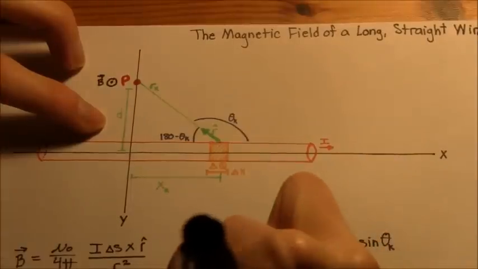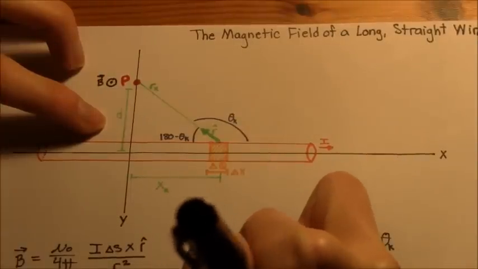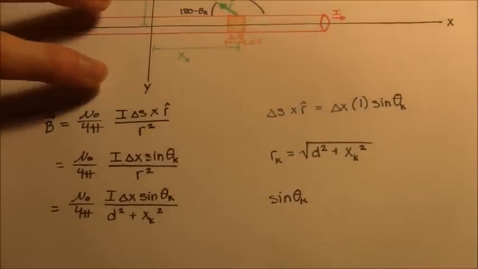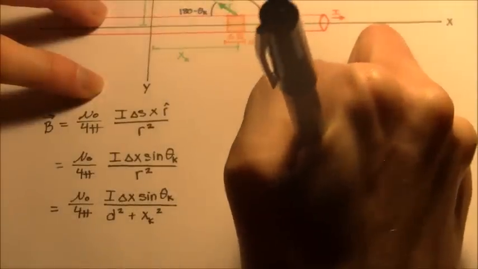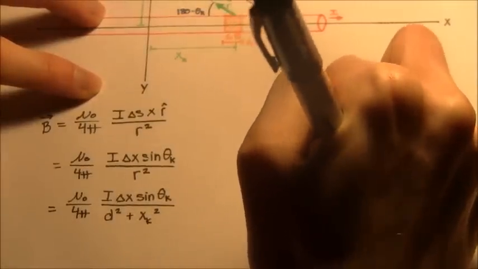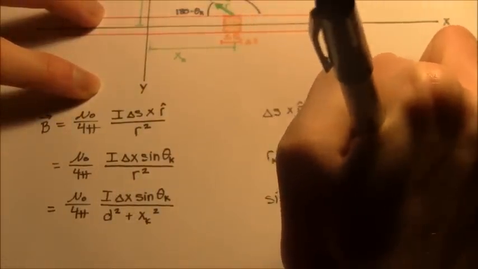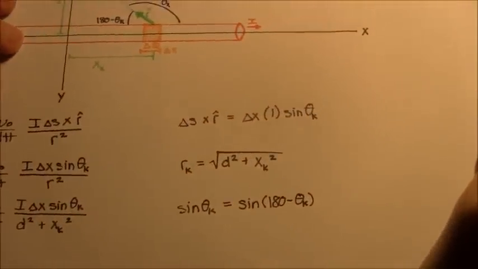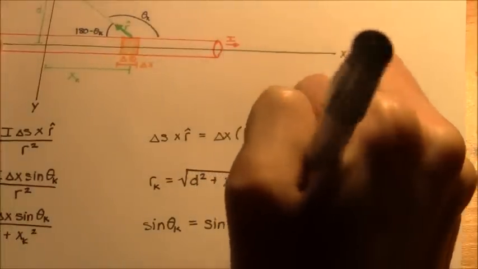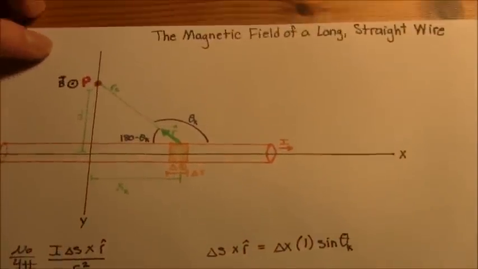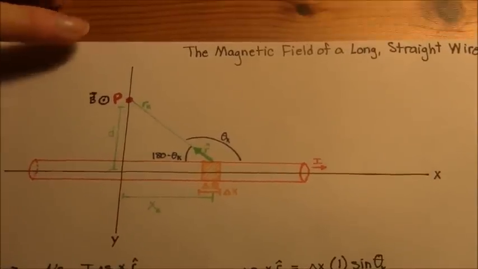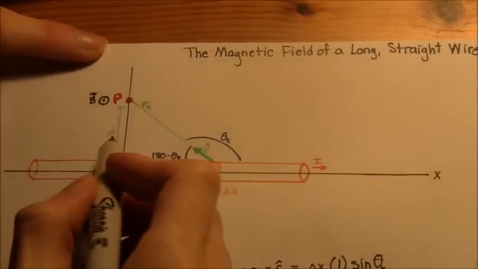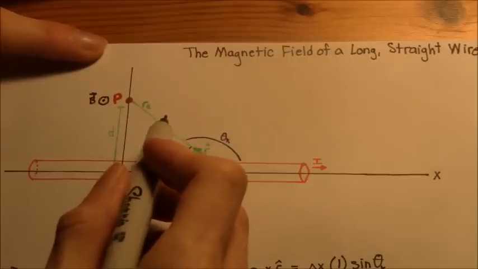So sine theta k is equal to sine of 180 minus theta k, which is equal, using trigonometry, SOHCAHTOA, sine is opposite over hypotenuse, so it will be opposite d over rk.